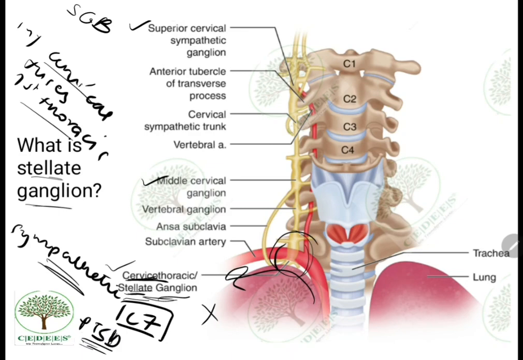Nowadays, very popularly, it's being used for patients suffering from post-traumatic stress disorder, PTSD. So local anesthetic can be injected around the stellate ganglion. So I hope you understood. It is basically one and the same thing, the cervicothoracic ganglion, which is the fusion of the inferior cervical ganglion with the first thoracic ganglion.